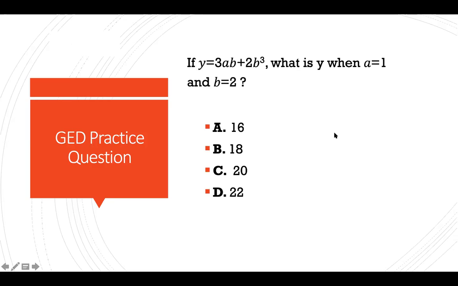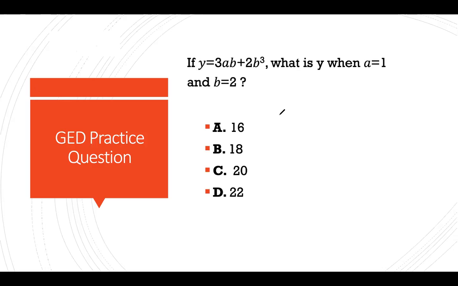So what do I need to do here? Yep, you have to replace a and b with the proper number. Perfect. All right. So I have to do what is called substitution, right? Good, you used the correct word there.